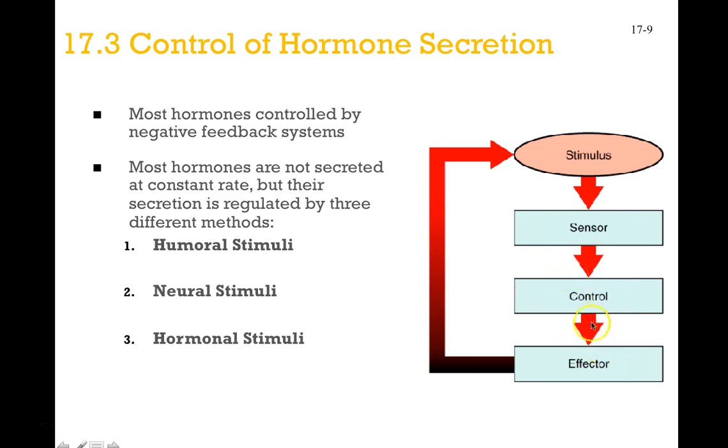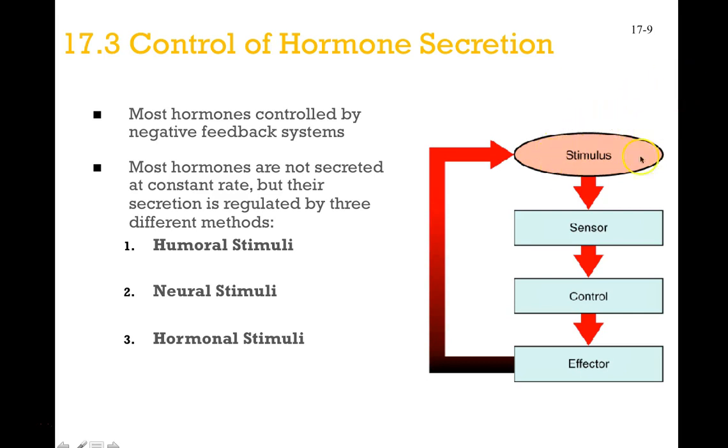And then that control center will speak to the effector and tell it to correct that change. And that change, once it's done, will then go back to the stimulus portion so that it is maintained more at homeostasis.